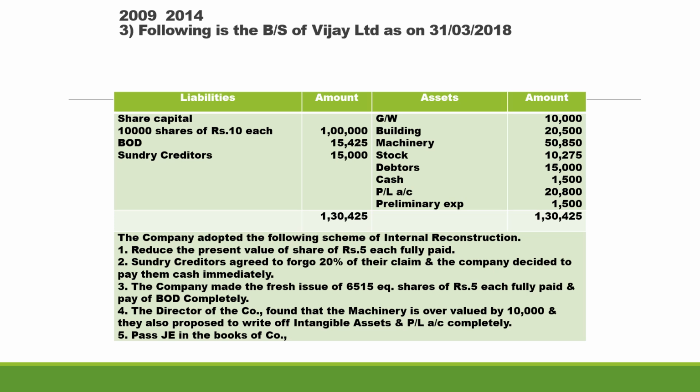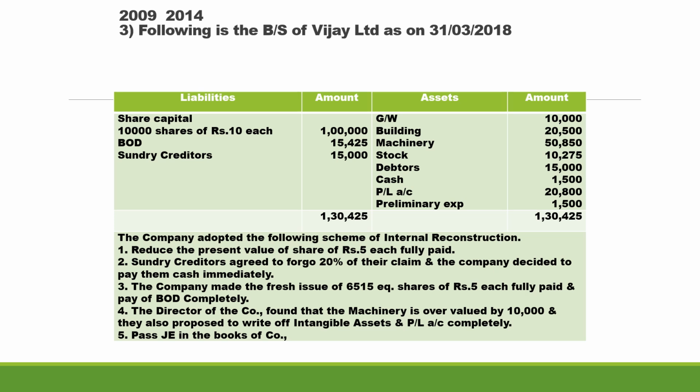The company made a fresh issue of 6,515 equity shares of rupees 5 each fully paid and pay the BOD completely. The directors of the company found that the machinery is overvalued by 10,000 and they proposed to write off intangible assets and PL account completely. Pass journal entries in the books of the company.